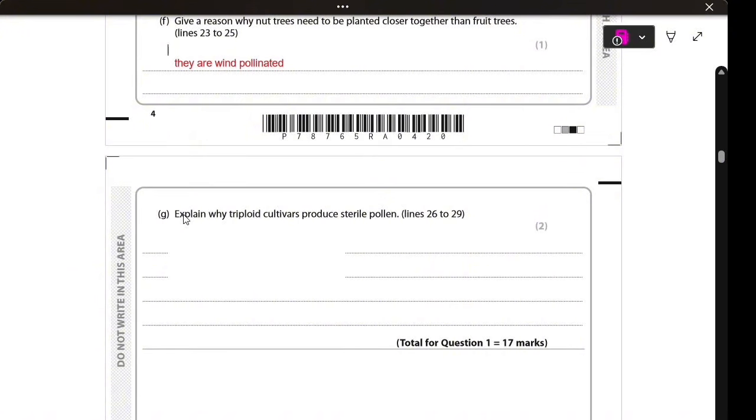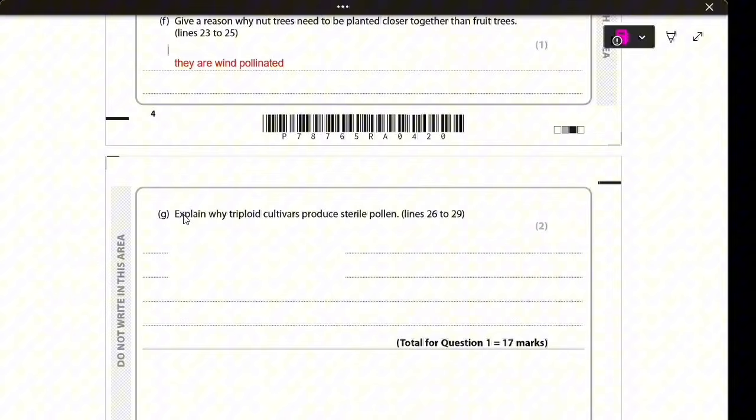And the last question of question number 1, explain why triploid cultivars produce sterile pollen. So we read about triploid cultivars that they have 3 chromosomes. So if they wanted to produce a sterile pollen, they had to undergo meiosis, because pollen is a male gamete and male gamete is produced by meiosis.